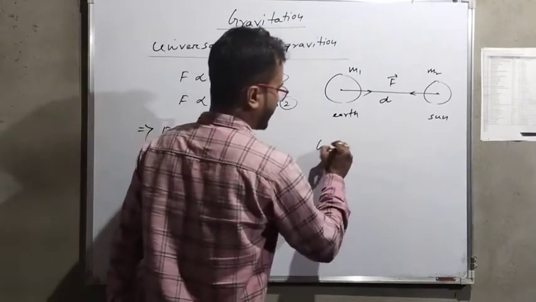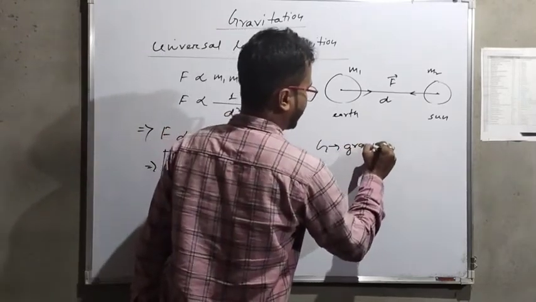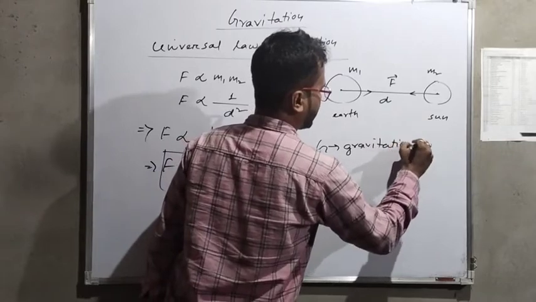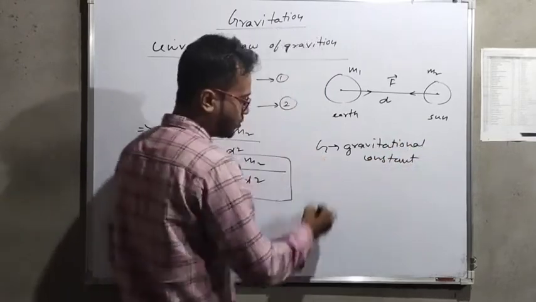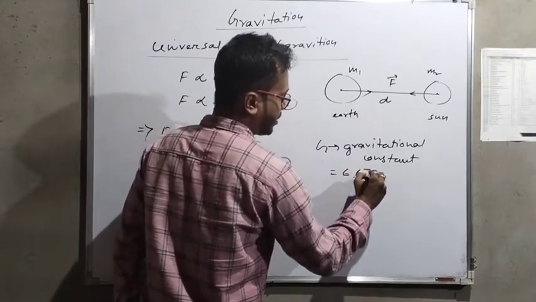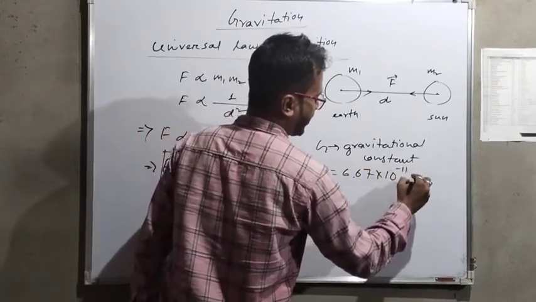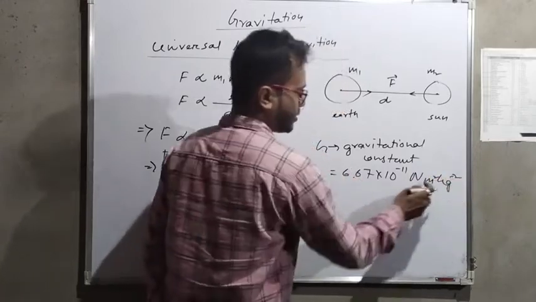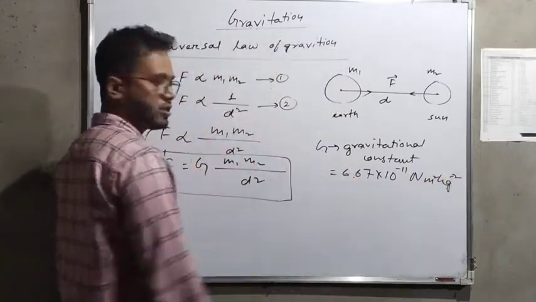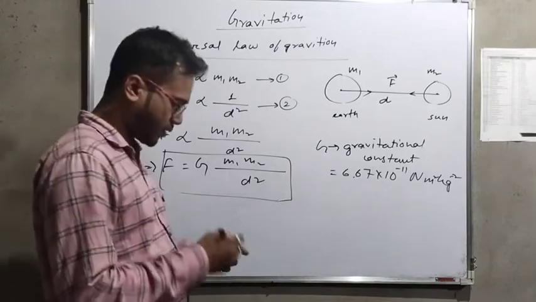G is the gravitational constant, or universal gravitational constant, and its value is 6.67 times 10 to the power minus 11 Newton meter square per kg square. This is the unit of the gravitational constant.